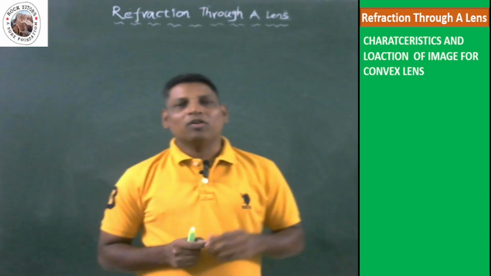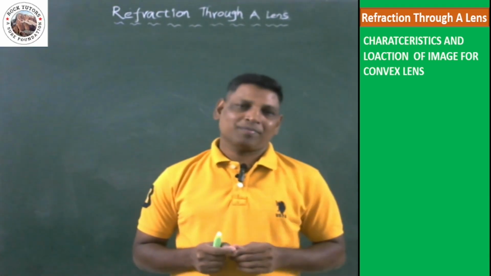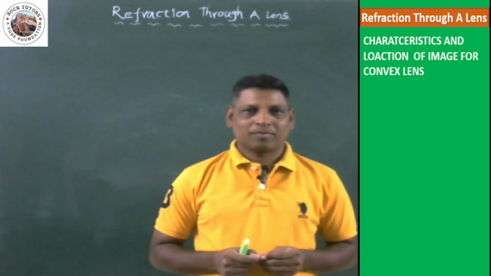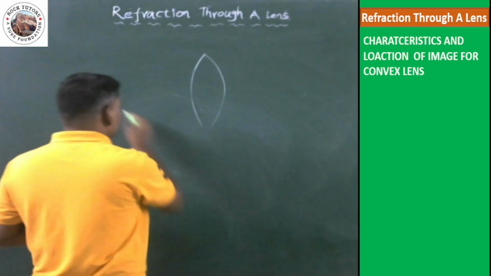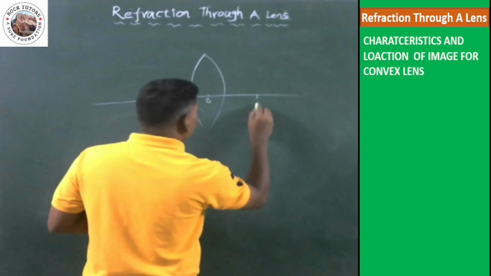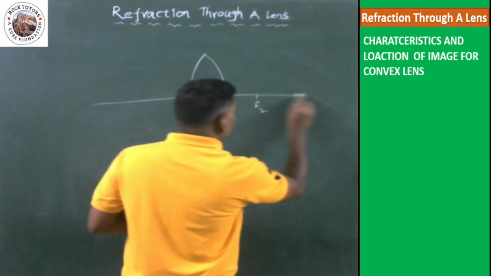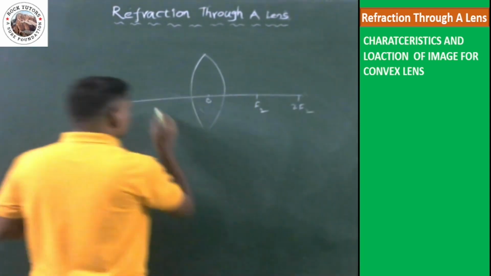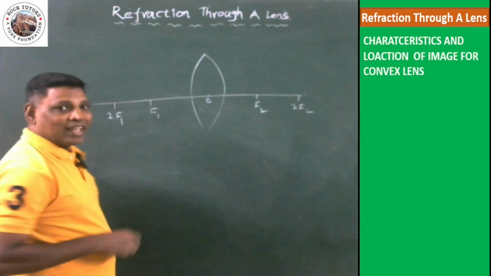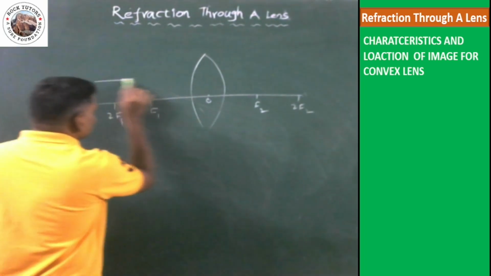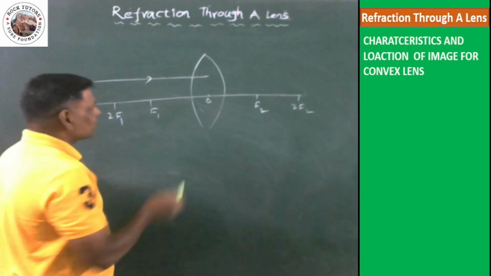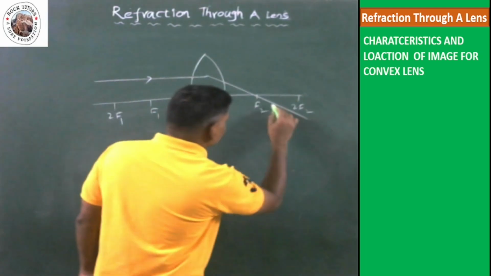In the previous video we discussed principal rays. There are three principal rays. This is the optic center, this is F2, 2F2, F1, 2F1. A ray parallel to the principal axis, after refraction, will pass through focus F2.